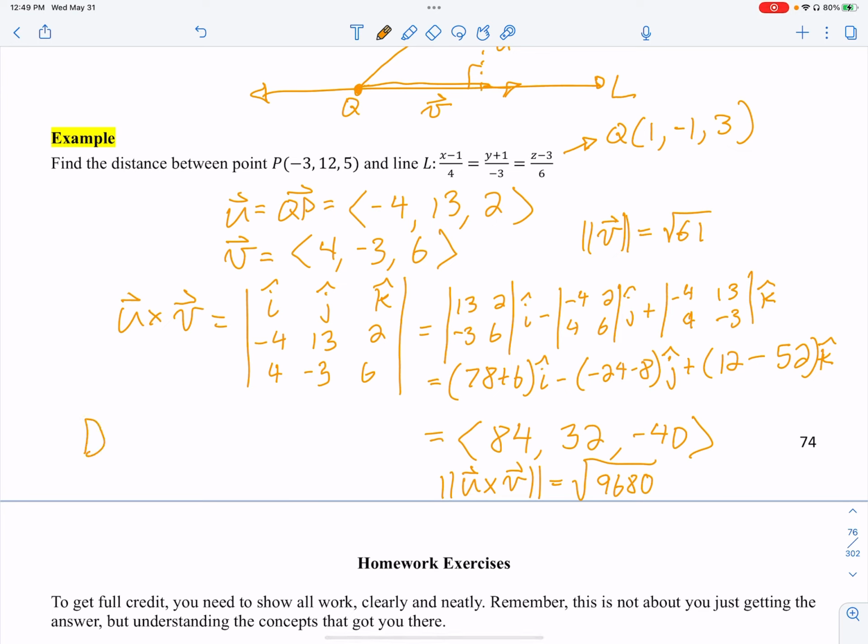So the distance is that number over the square root of 61. Okay, and it doesn't work out cleanly for me. This is roughly 12.6 distance away. So there's my answer.